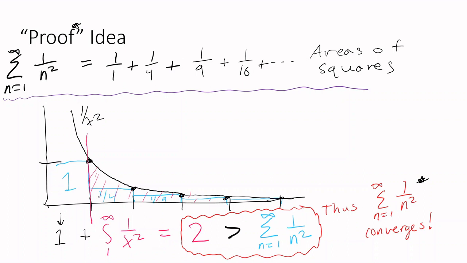And so those squares are in blue down in the picture here. Okay, so then the idea being, what we can do is think about bounding. In this case, we can bound that sum of these blue areas by our integral, 1 over x squared.